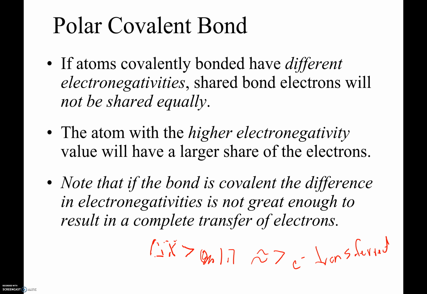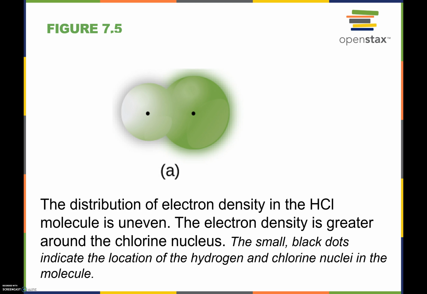Okay, polar covalent bond. So here we have this little fuzz bit, where you can think of the electrons as being shared unequally, with the right one having more, so it must have higher electronegativity.